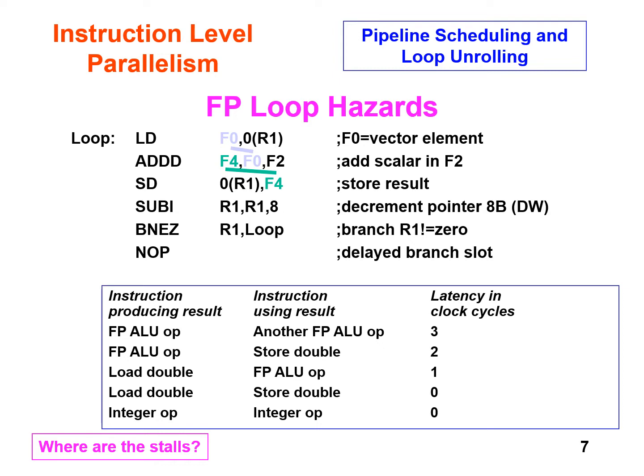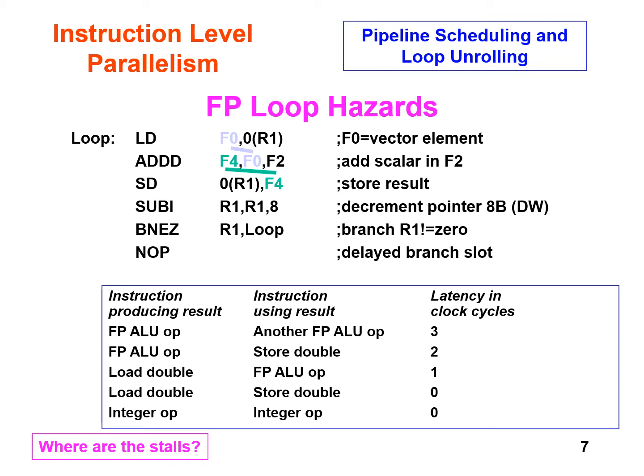Look at this table: instructions producing the result, instructions using the result. This is the first instruction and this is the second instruction, and the latency in clock cycles. This table depicts that.